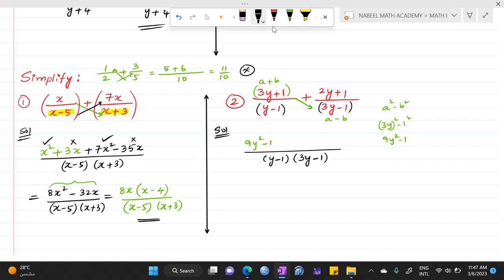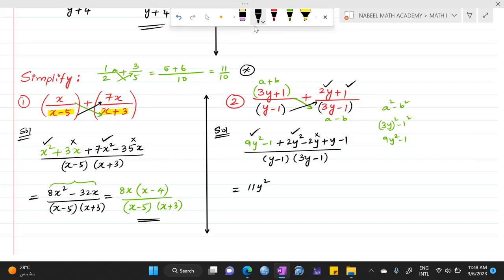When you cross multiply this part, you have to multiply each and every term. So take the 2y and multiply both terms. You will get 2y square minus 2y. This is done. Now I will take the 1 and multiply with both terms. So you will get plus y minus 1. Now simplify. For the y square terms, you have two terms, which gives 11y square.